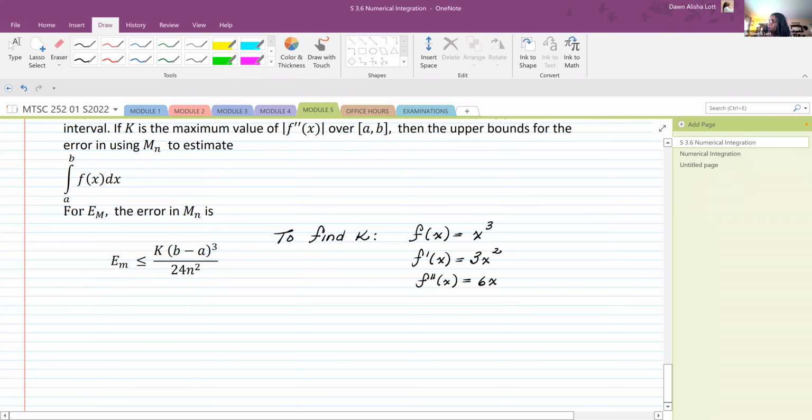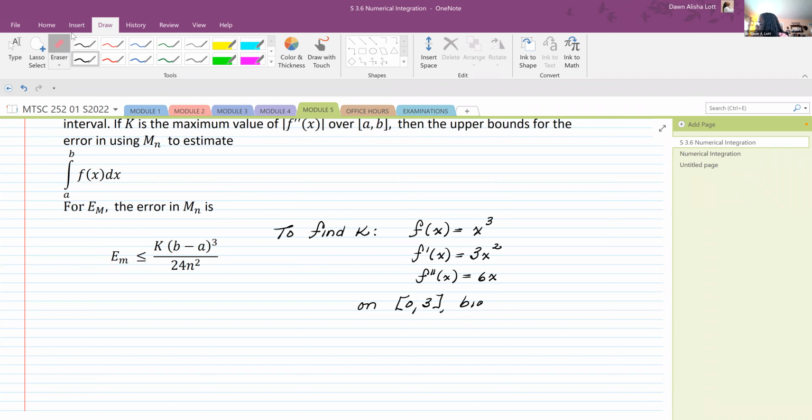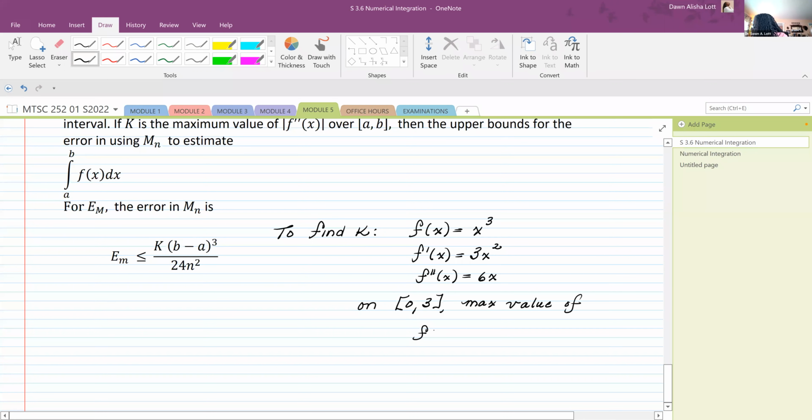So on the interval 0, 3, the maximum value of f double prime of x is obviously 6 times 3.